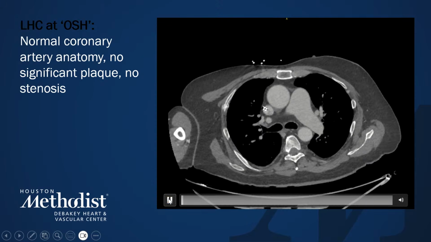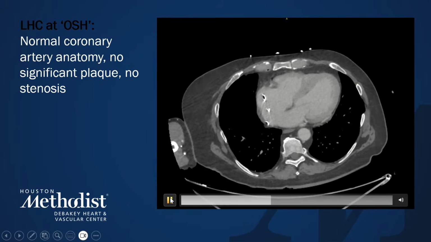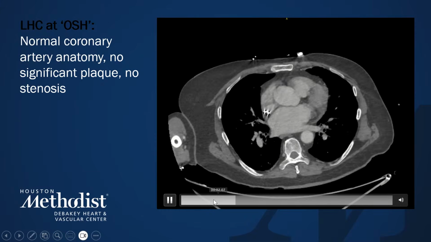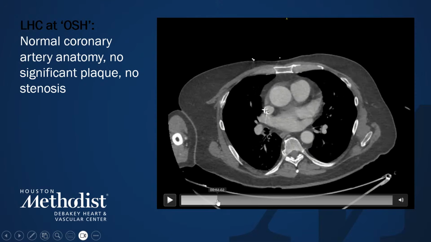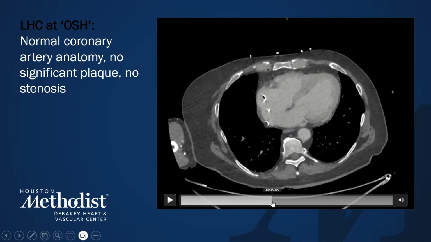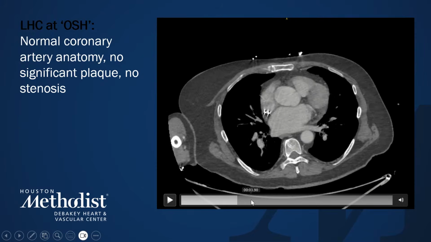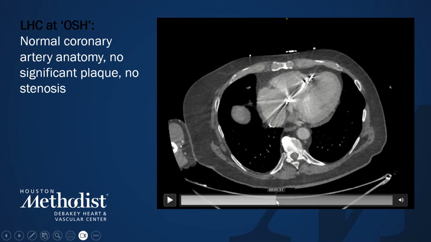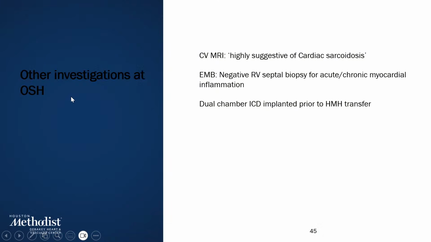We can see, as much as it is not gated and not a cardiac scan, that his LAD is well demonstrated. There's no obvious plaque there. It looks like a sizable vessel. Further afield, we can see a bit of the right and the circumflex, and essentially he has normal coronary arteries. Not that we disbelieve, but there's also evidence on this image.